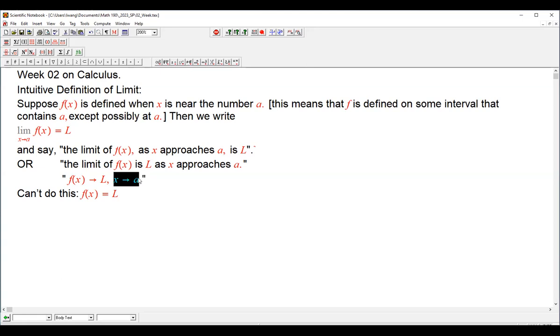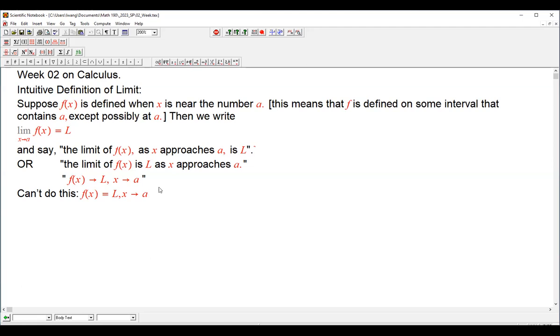Even if you attach x approaches a, don't do this. You will have to use the arrow here. So this will be the proper way to express it. Okay, so we need to understand approaching a number.